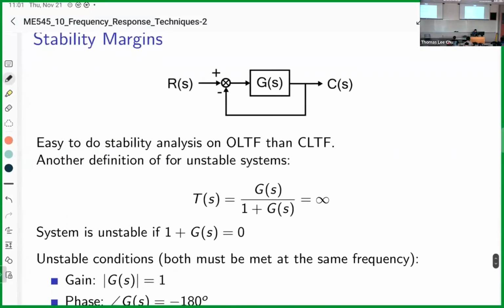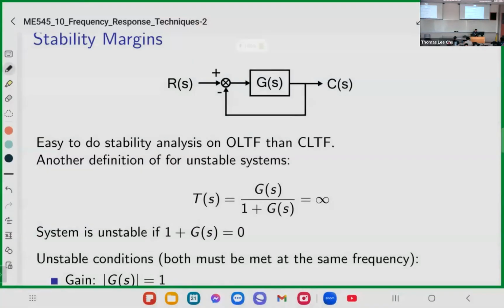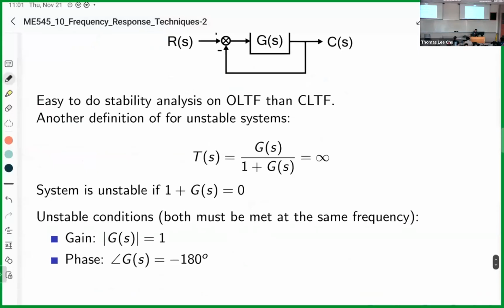It's easier to do a stability analysis on the open loop transfer function than the closed loop transfer function, because you don't have to find the closed loop poles. If you can do the stability analysis on an open loop transfer function without needing to do the algebra of 1 plus G, then that would work well.